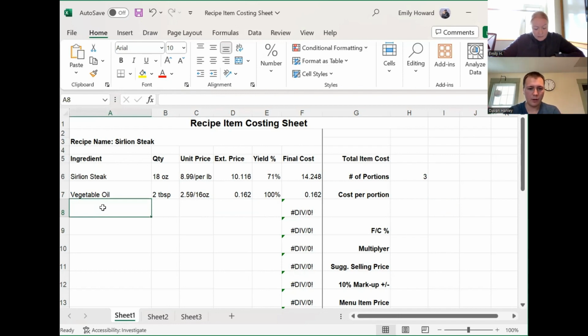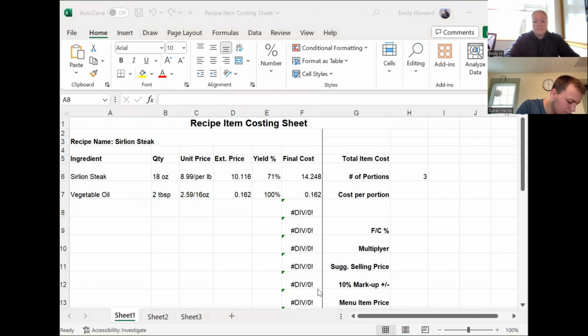Let's see. Okay, butter. Unsalted butter. Hold on, I think I already wrote that down for one of them. Okay, so unsalted butter.